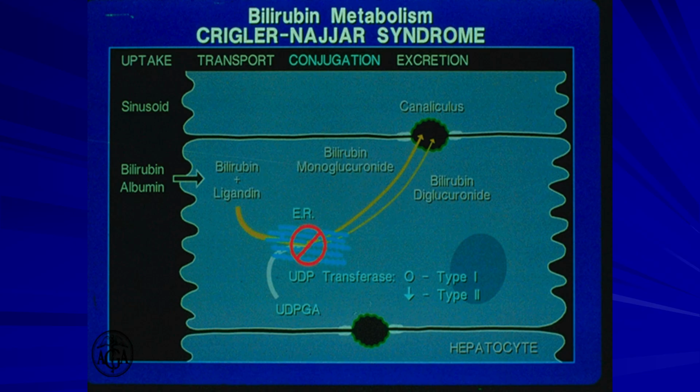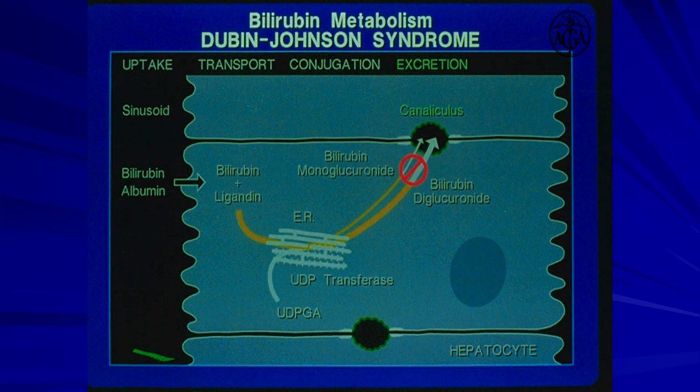An example of isolated conjugated hyperbilirubinemia, that is an increase in conjugated or direct bilirubin in serum, is Dubin-Johnson syndrome. This is another rare inherited disorder that is characterized by a defective carrier of conjugated bilirubin at the canalicular membrane of hepatocytes.